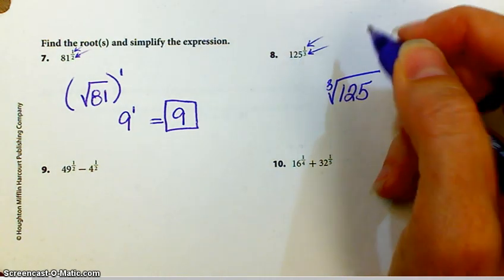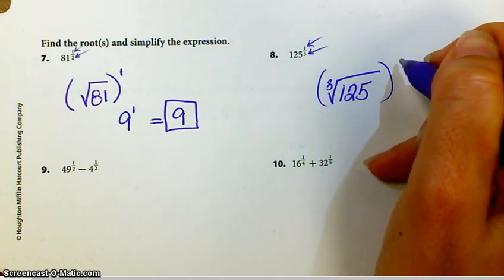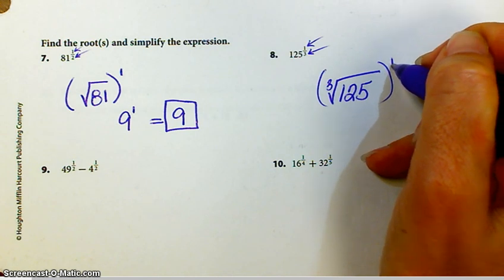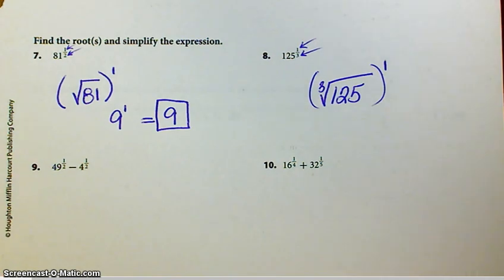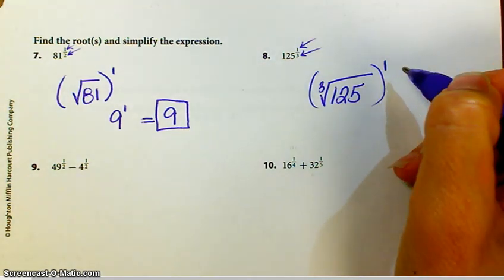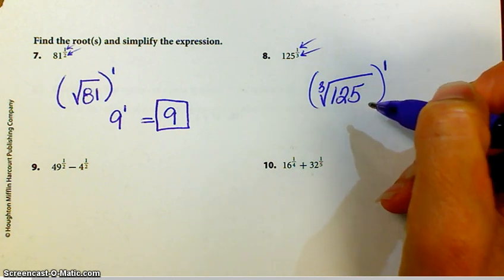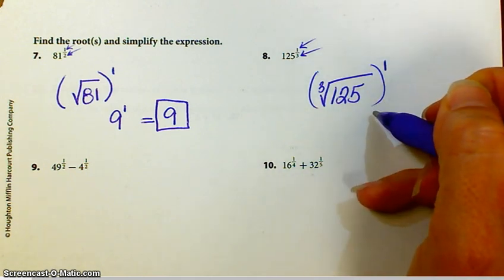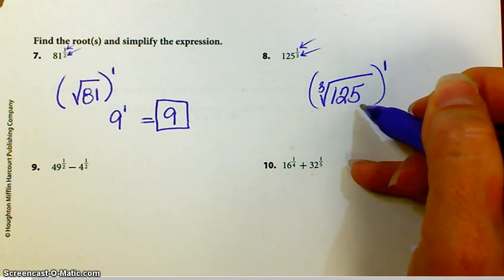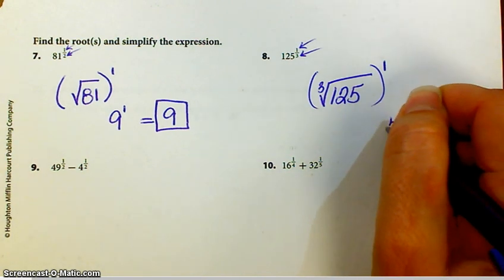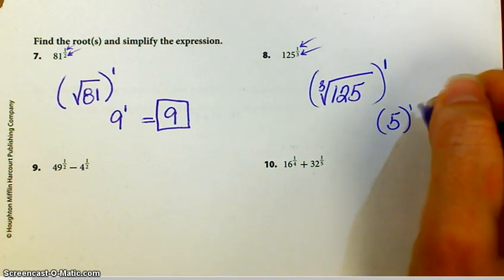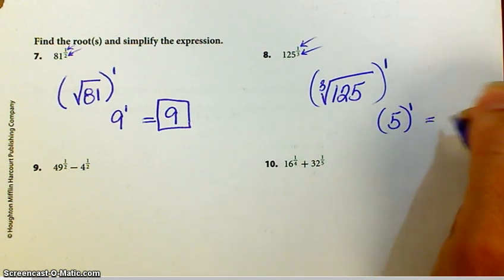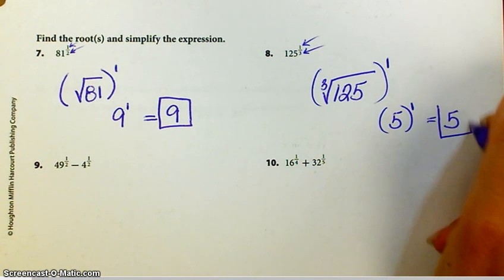The numerator tells you what power to raise this to. Okay, so it happens to be that 5 times 5 times 5 is 125. So the cube root of 125 is 5, and 5 raised to the first power is just 5.